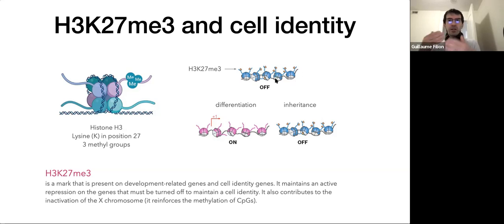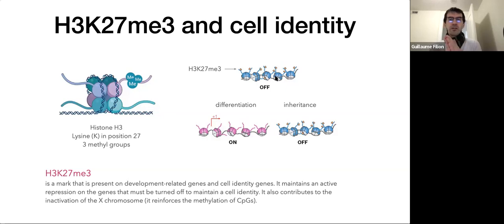So as long as the cells keep dividing, then that signal is maintained, and so you have the inheritance of the state off, which means that the cells that have started in one lineage will just continue in that lineage by default, because the default is just to keep whatever H3K27Me3 was present in one cell to the next.